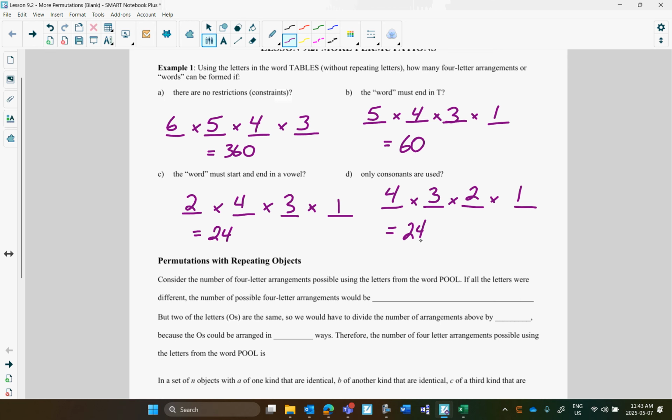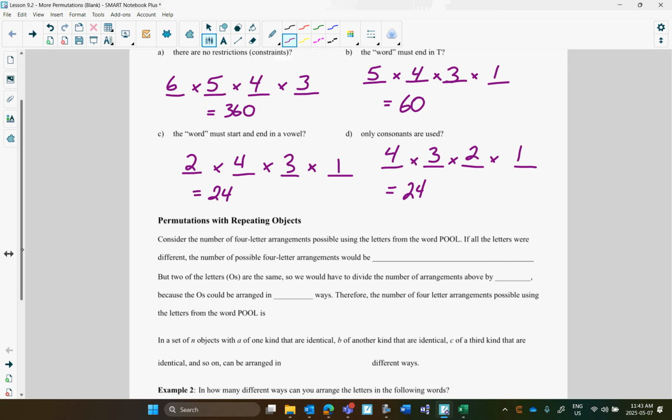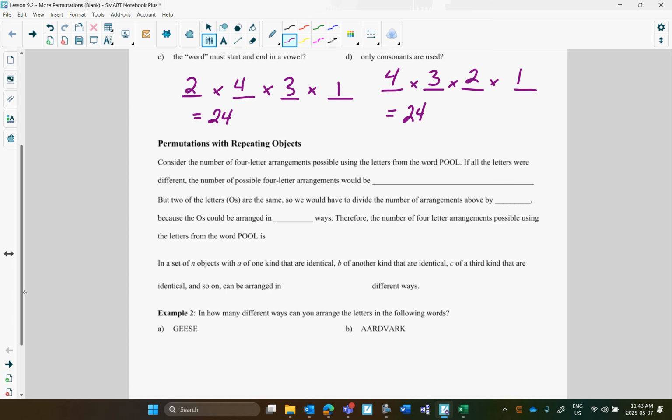But what happens if some of the letters are the same? So for example, the letters from the word pool. Well, one would think how many 4-letter words you could make, you would go 4 times 3 times 2 times 1, right?